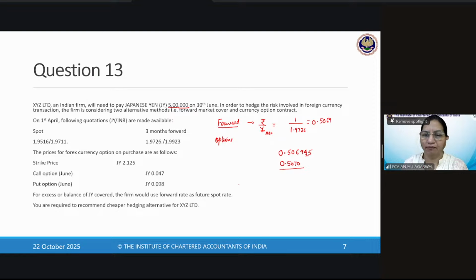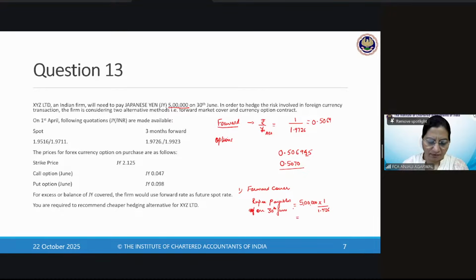Now, ultimately, if you go by the first option, forward cover, the rupee payable on 30th June will be equal to 500,000 multiplied by 1 upon 1.9726.